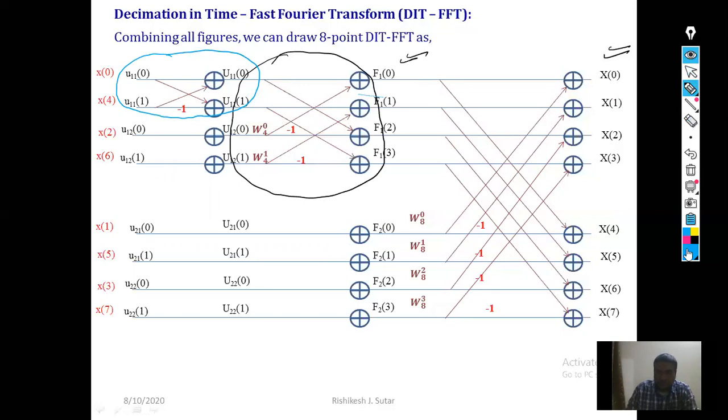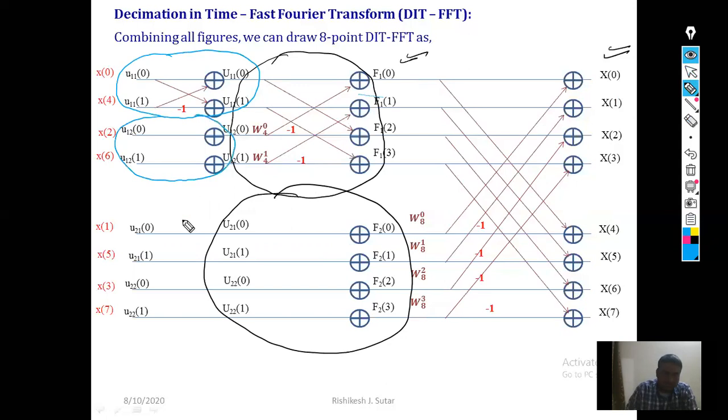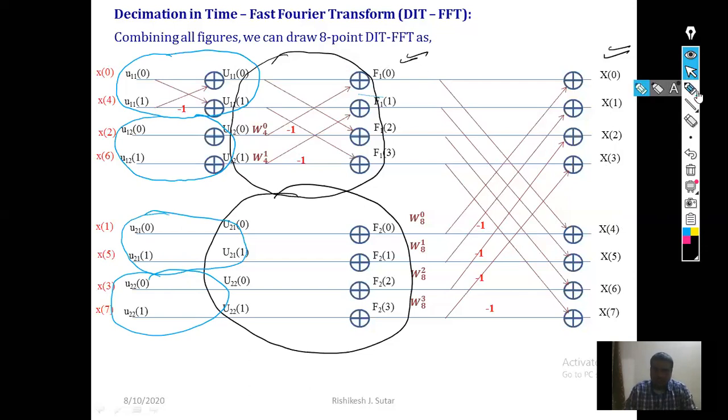I can repeat this same here because it is just a replica, and this blue one I can repeat for 4 times. 1, then here it would be 2, here it would be 3, so that I can repeat, as this f1 of k is a 4-point DFT, so it will get repeated here.